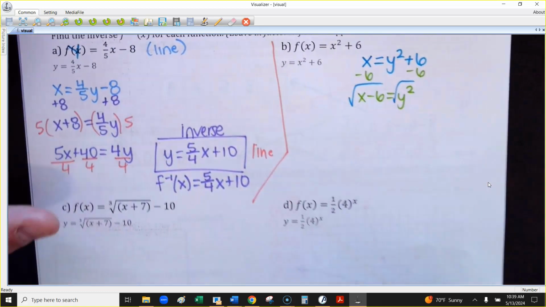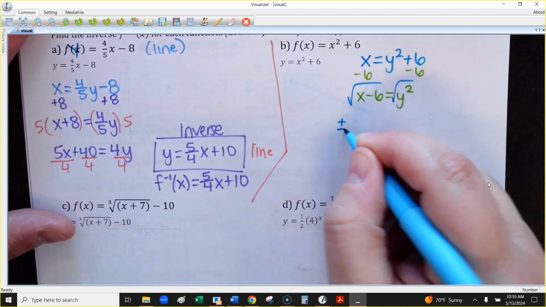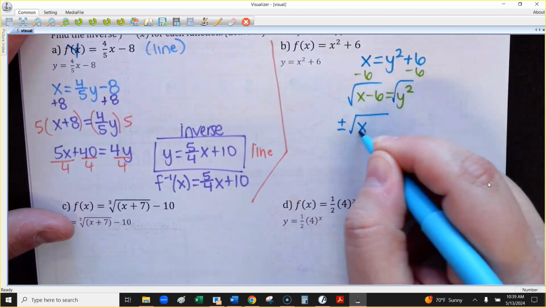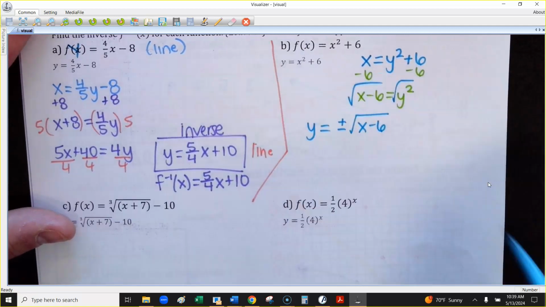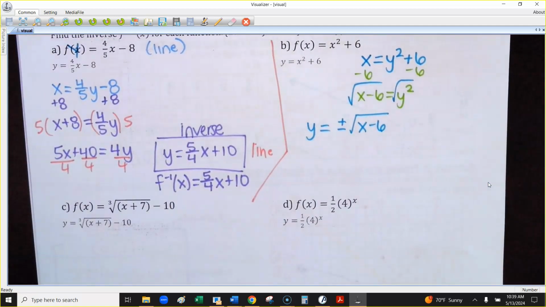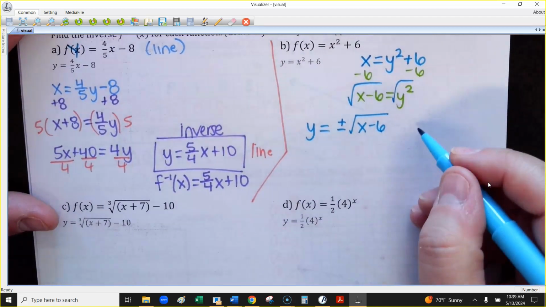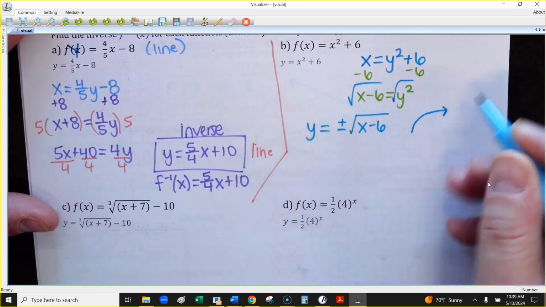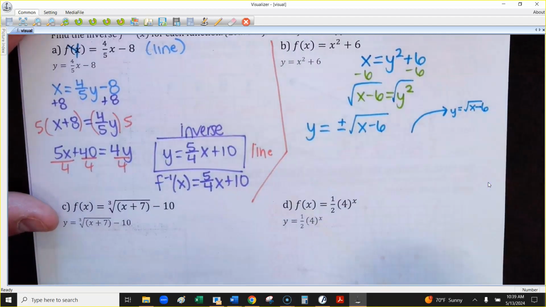Now, remember, when I introduce the square root into the problem, I have to put that plus and minus symbol. The square root of y squared would just be y, so I'm going to write the y on the left side. If we were to put this on a graph, the plus, the square root of x minus 6, would be the top half.